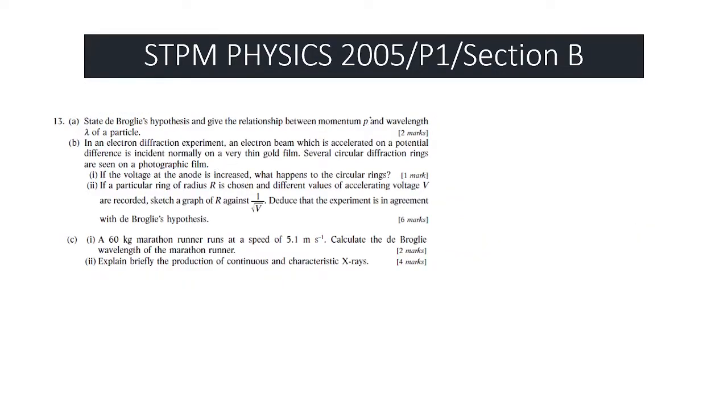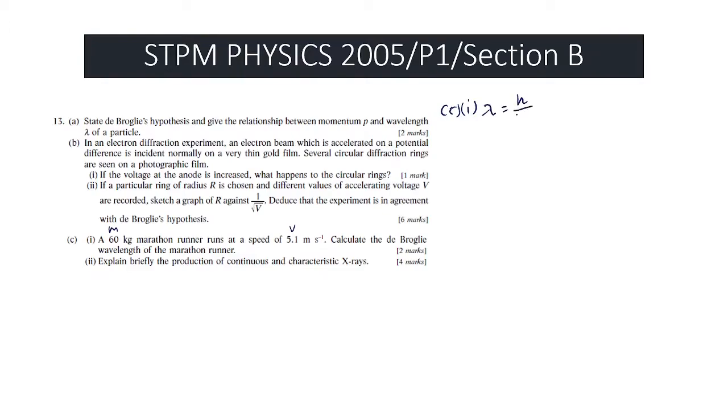Now we go to part C1. We have a 60 kg marathon runner running at the speed of 5.1 meters per second. This is velocity v. Calculate the de Broglie wavelength of the marathon runner. So we apply the formula we used before.